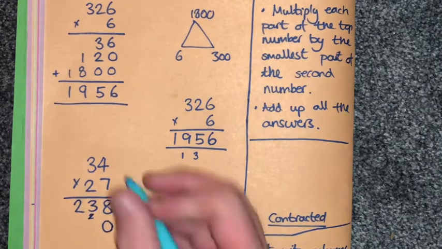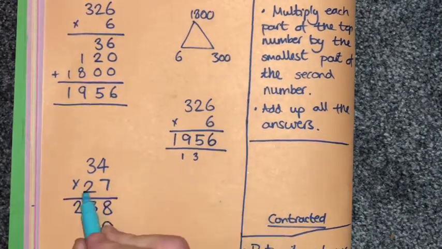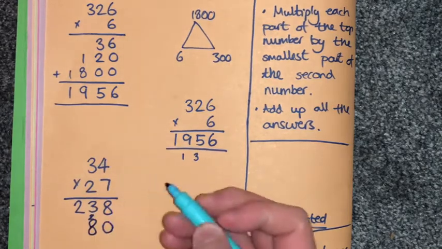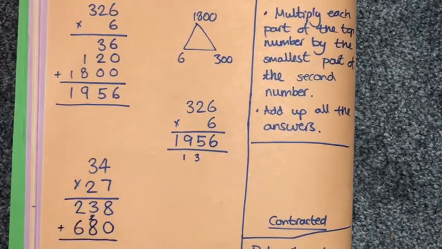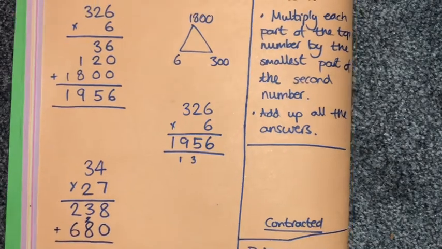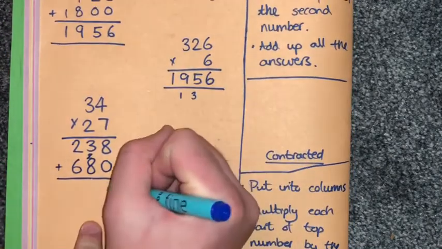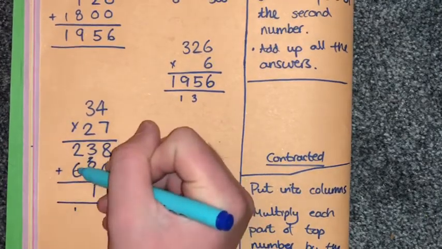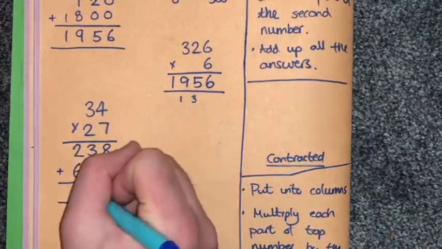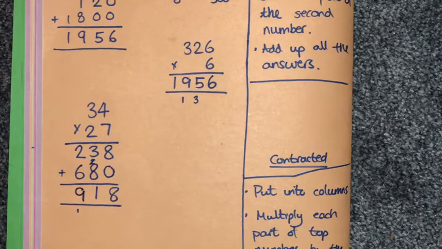So I'll do 2 times 4, which is 8, and then I'm going to do 2 times the 3 tens, which is 6 tens. And with these two numbers, I put them together, so I end up with 8 ones, 11 tens, add those 600s plus that 100, 918. Okay?